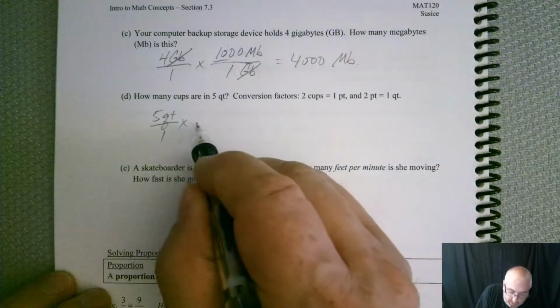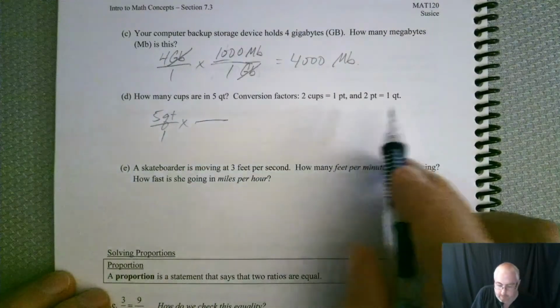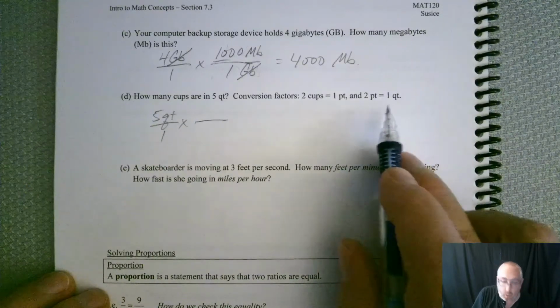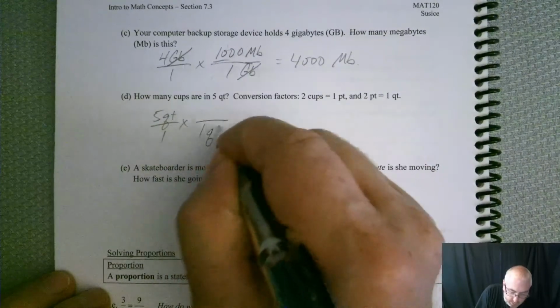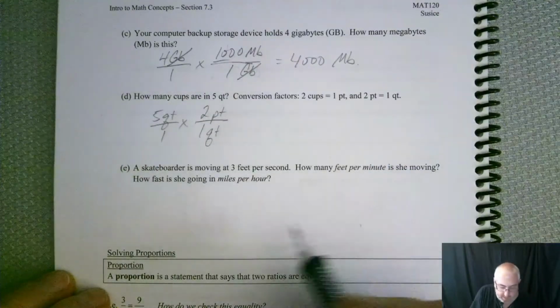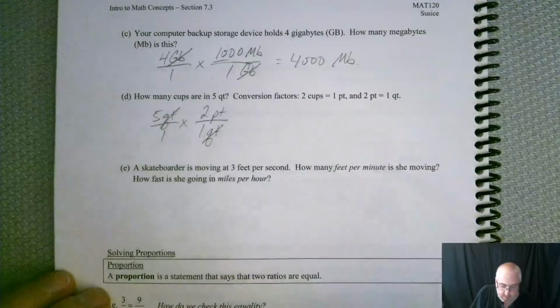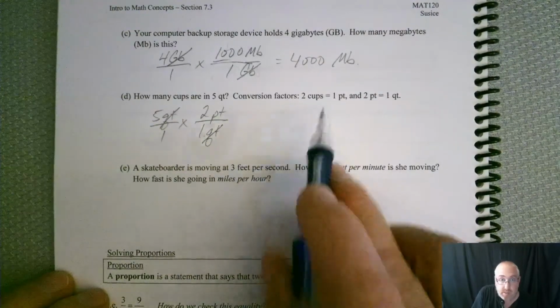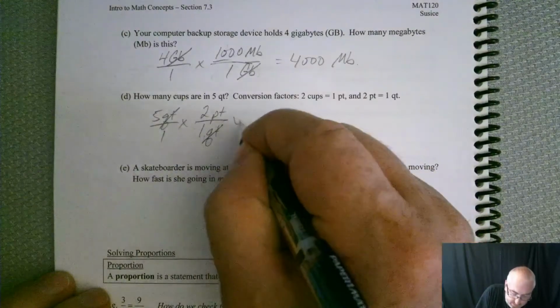So how do we write that conversion factor properly? What's on top and what's on the bottom? Hopefully you were screaming at me. 1 quart on the bottom, silly. And then the 2 pints are on the top, so that cancels those out. So now we're dealing with pints, which means we can use the second one to change it into cups.